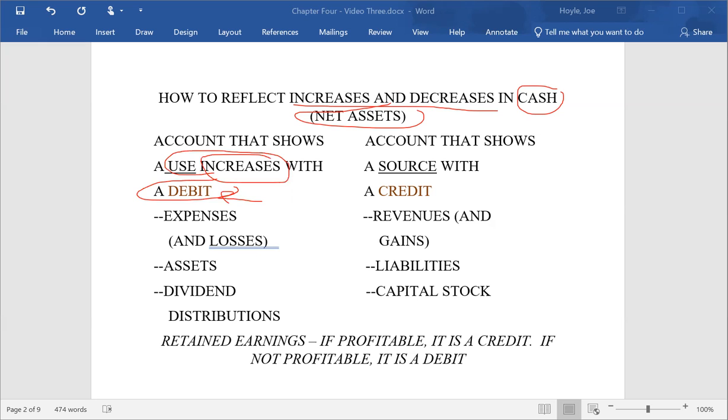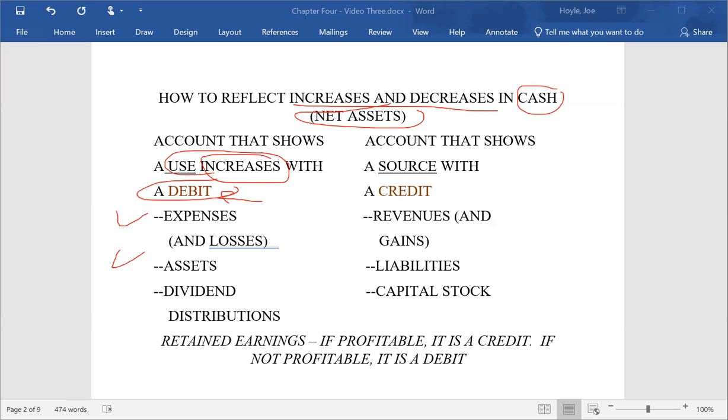So how do you use cash? Typically, you use cash or net assets in three ways. You have expenses. Therefore, an expense would increase with a debit. An expense is a use of assets. It is a use of cash. So therefore, it will increase with a debit.